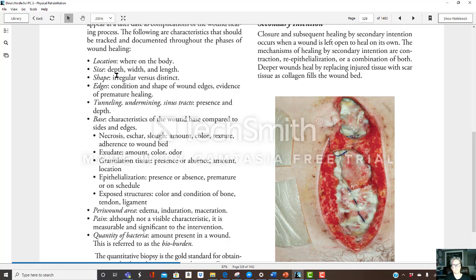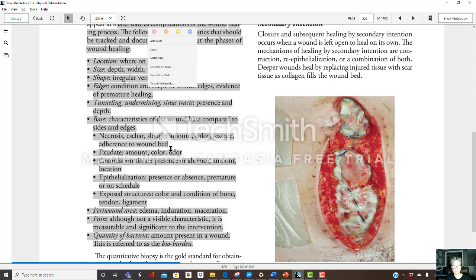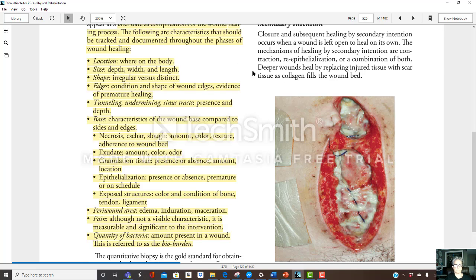Location, where on the body. Size: depth, width, and length. Shape: irregular versus distinct. Edges: condition and shape of wound edges, evidence of premature healing. Tunneling, undermining, sinus tracts: presence and depth. Base: characteristics of the wound base compared to sides and edges. Necrosis: scar, slough, amount, color, texture, adherence to wound bed.